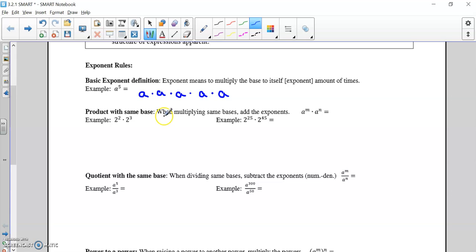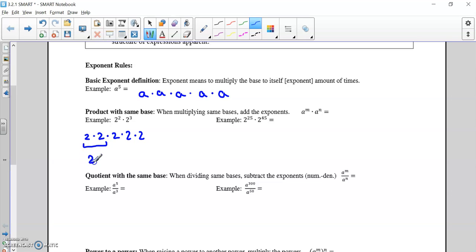All right, so now let's take a look at what happens when we multiply two numbers that are the same, but both of them have exponents. All right, so here we have 2 to the second power times 2 to the third power. Now if we think about how exponents expand, we would know that 2 squared is 2 times 2, and then 2 to the third would be 2 times 2 times 2, right?